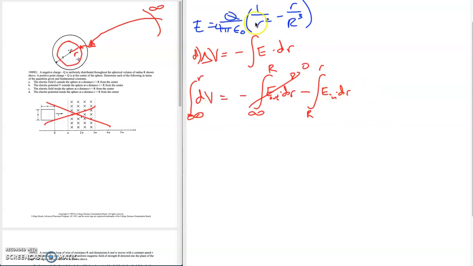For the inside, we have this ugly expression that we're going to have to integrate. So for the inside, we're going to have minus the integral of q over 4 pi epsilon naught, times the quantity 1 over r squared minus r over a constant cubed, dr, and we're going to go from big R to little r.